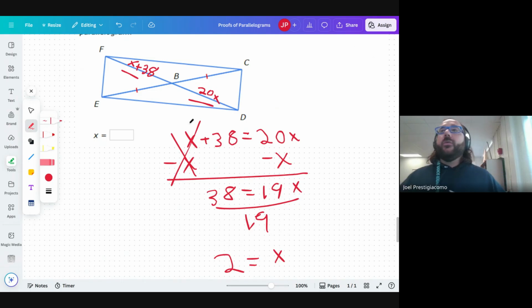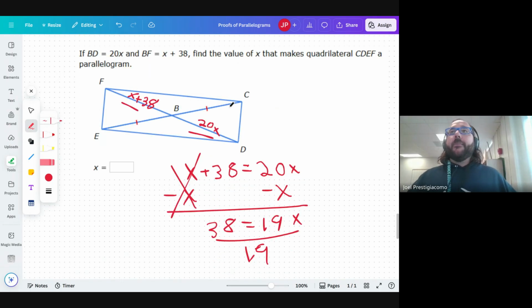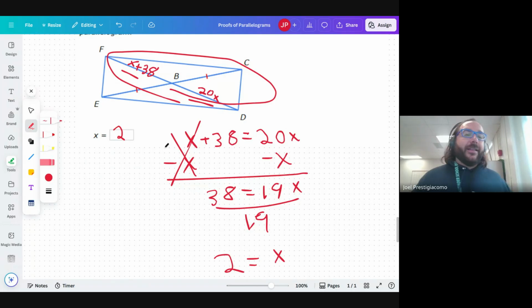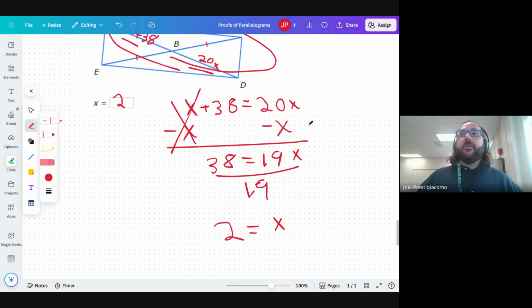So x equals 2 will make this work. And we could go back and plug this in as well. Up here at the top, 40 would equal 40, so x equals 2 makes sense in this problem. So again, we're just using the property of the parallelogram along with some basic algebra to solve problems where we don't have just numbers, we have algebraic expressions.